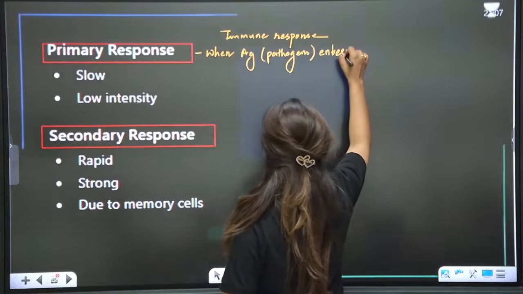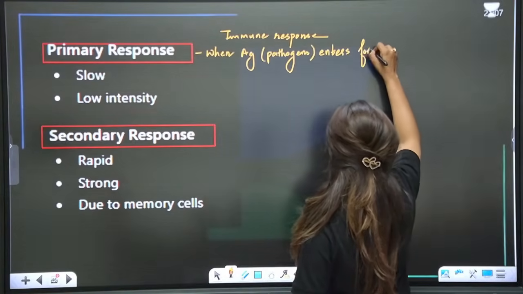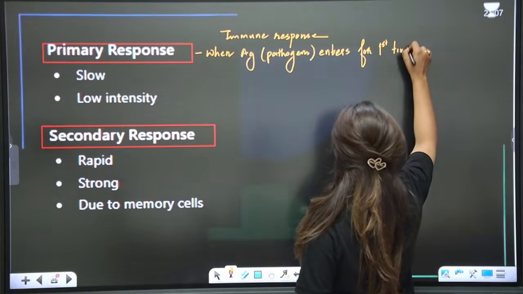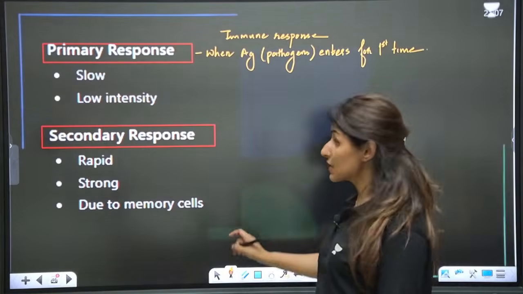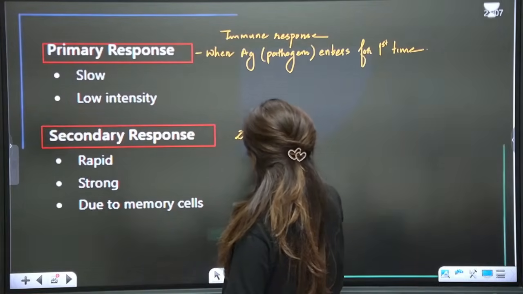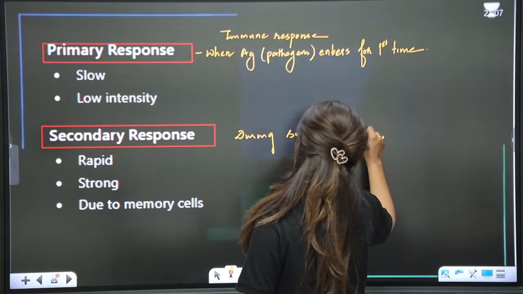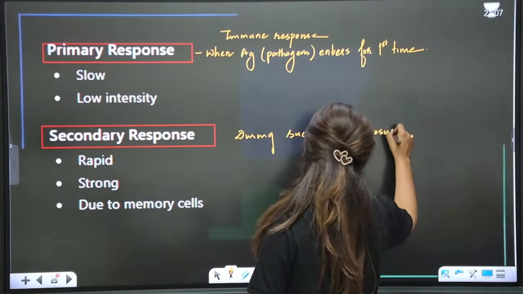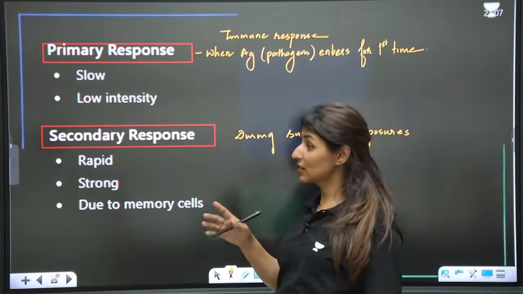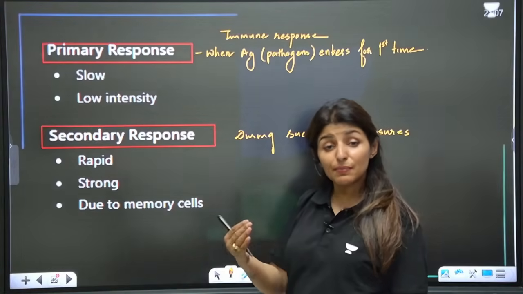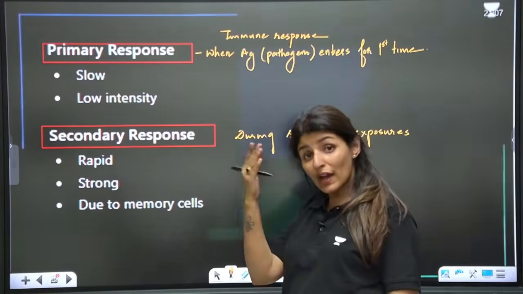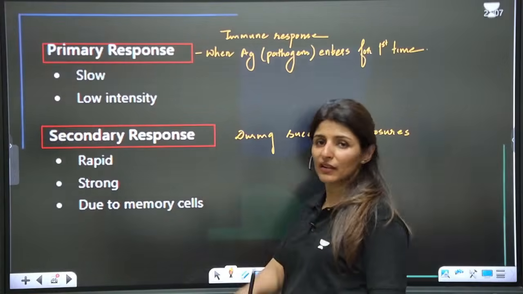Body is exposed to the antigen for the first time. And secondary is during successive exposures. So when you meet someone for the first time, that reaction is primary. When you're meeting this person for the second or the third time, you have that memory already. That is a secondary response.